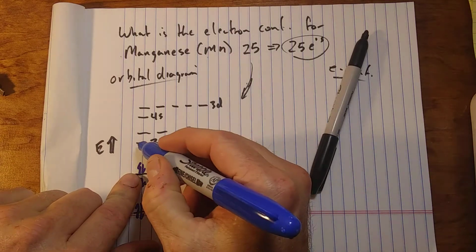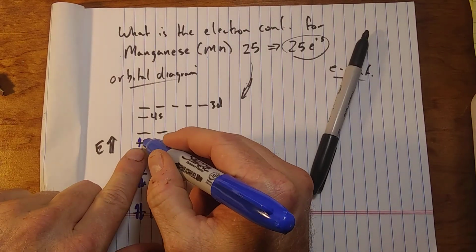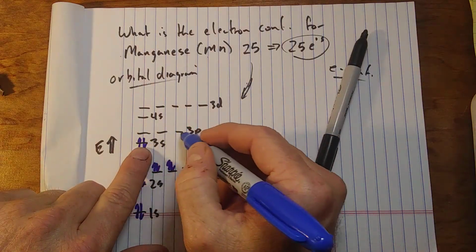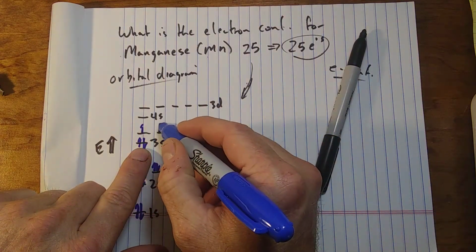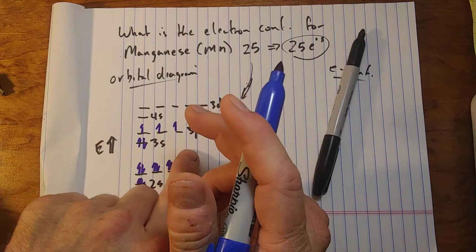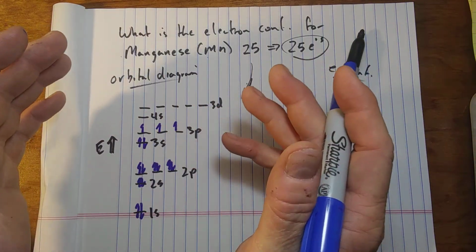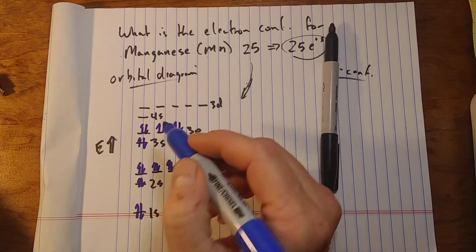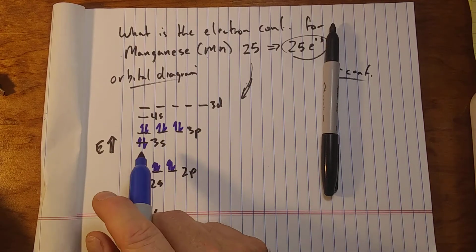It's just good habit. Yes, we pair it up here because it's the lowest energy orbital, but it's good habit if these are equal energy to fill them up half filled, or we say single, stay single as long as you can, and then come back and fill up the 3 half orbitals.